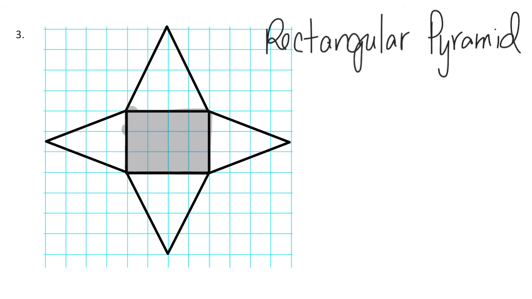And I know it's a pyramid because of all the triangles. Now, when I go to find my area, I've got my rectangle and I've got my triangles. And when I look at these triangles, I can see that this one is the same as the one opposite it, but they are not the same as these. I can tell by looking at the shapes of them.